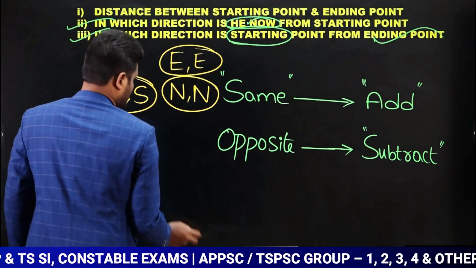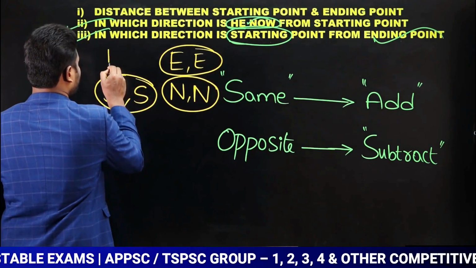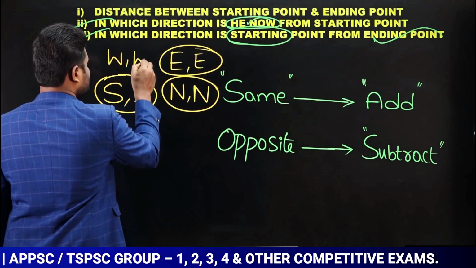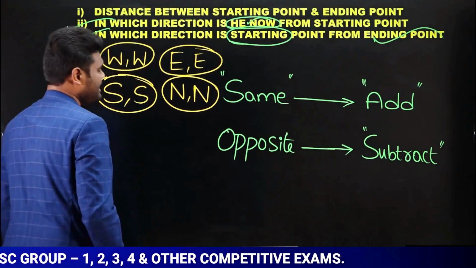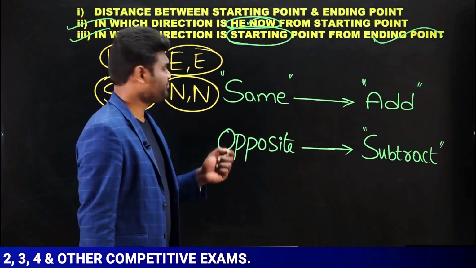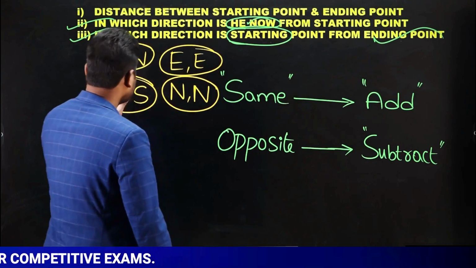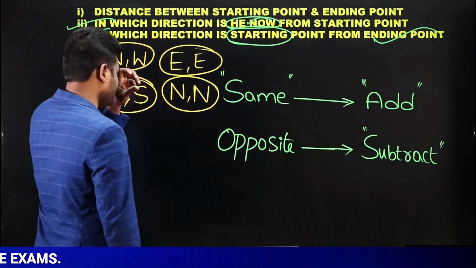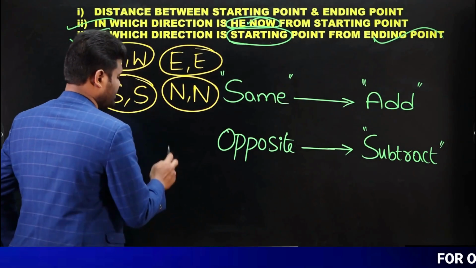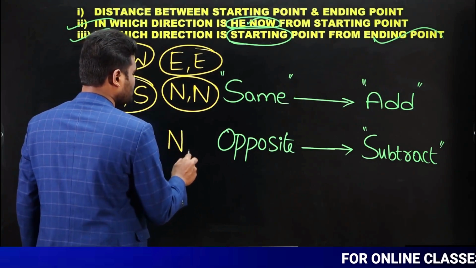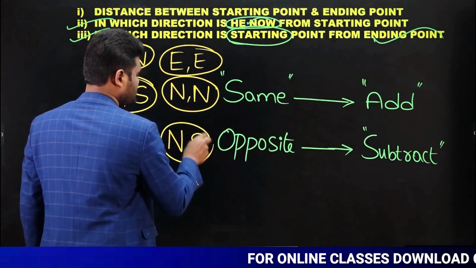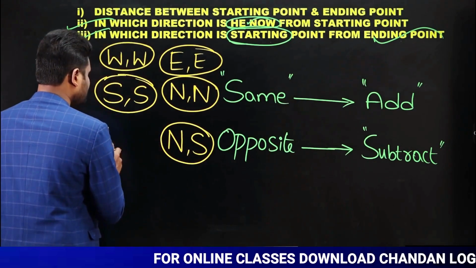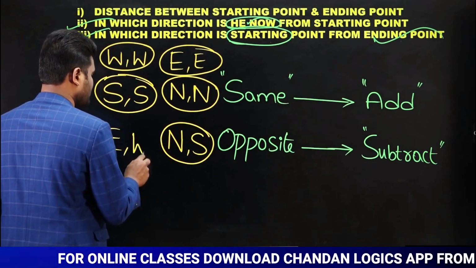Even this is same. So same means north is same, east is same, south is same, west is same. Then what is opposite? Opposite means north and south are opposite, yes or no? Similarly, east and west are also opposite.